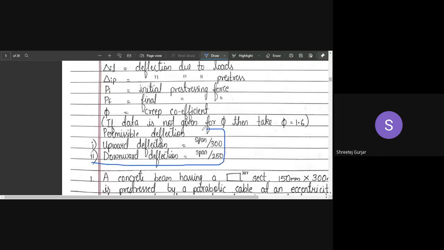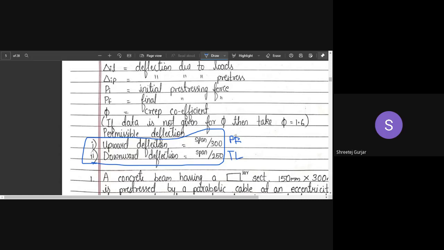This is very important, regarding the permissible deflections. The upward deflection is due to pre-stressing force, and this other one is the total deflection due to total load, with all the dead load, live load and pre-stressing force combined. Downward deflection should be less than span by 250.